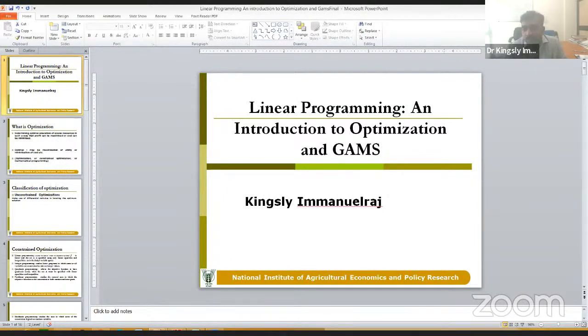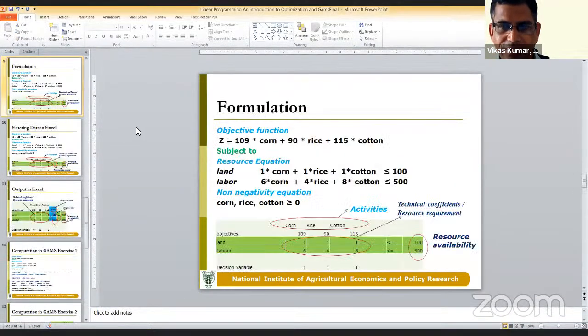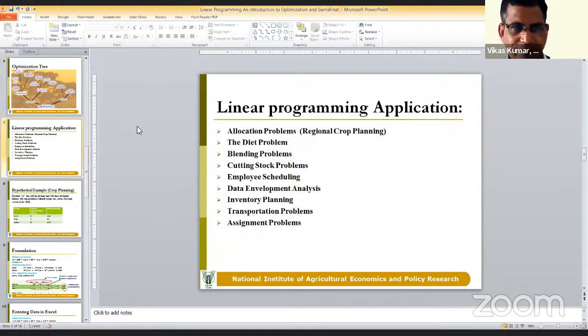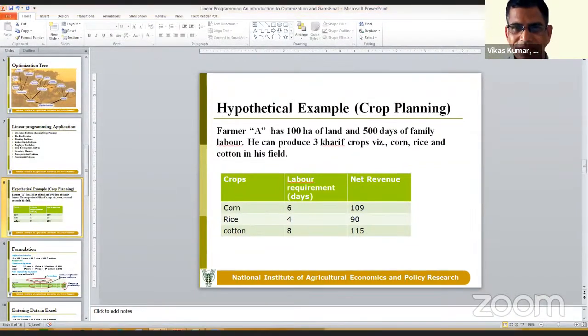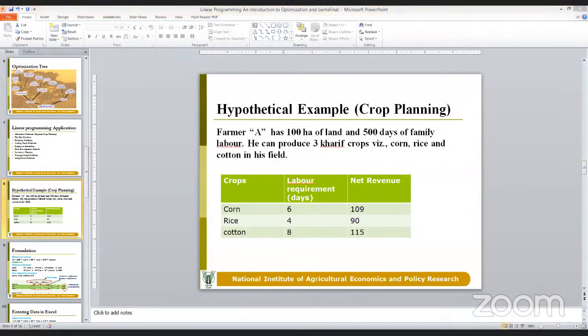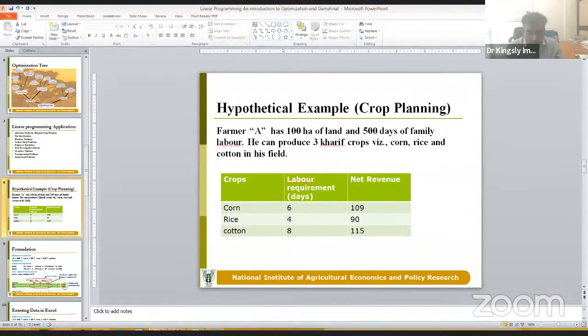Any doubt? Are the slides moving or not? Sir, it is not coming. I'm sorry. Now it's moving. Yes, sir. Is it visible now? Sir, it's not in slideshow mode actually. Press F5. What about now? Still not moving.